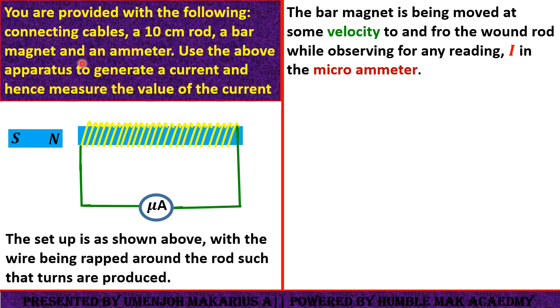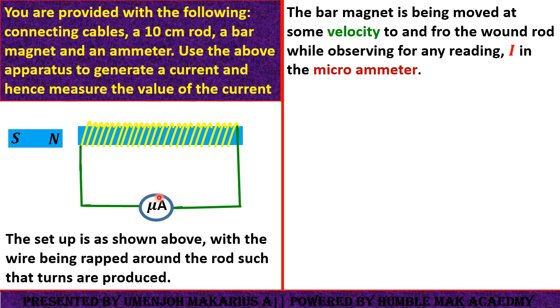So for instance, you notice that in this case they gave us a multimeter, right? The multimeter in this case was what they were referring to as our ammeter, but in this case I put a microammeter, right? In this case I've used the micro because the current that is generated that is going to flow in this circuit is going to be very, very small.